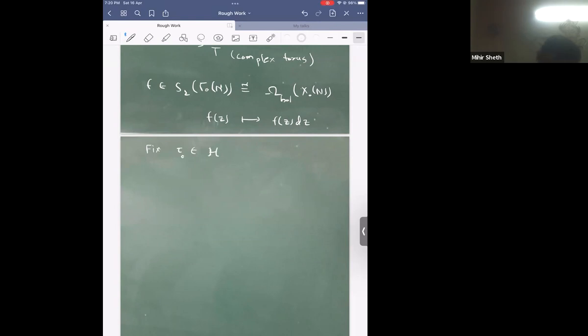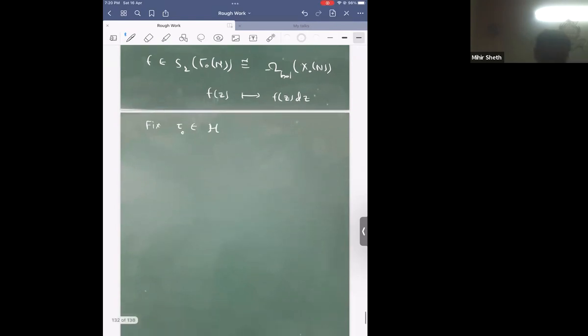So let's fix tau_0, and then using this differential f(z) dz, we can define a path integral. Let me define capital F of tau to be the integration from this fixed base point tau_0 to tau over any path of f(z) dz.